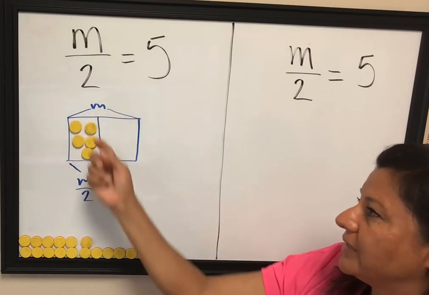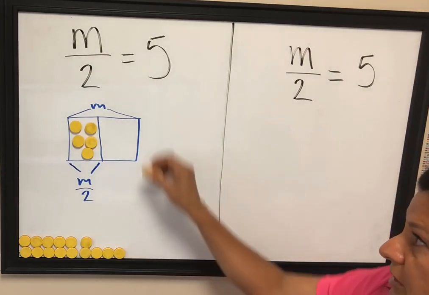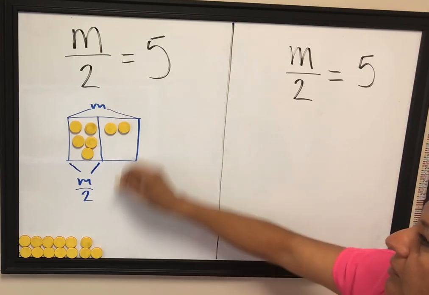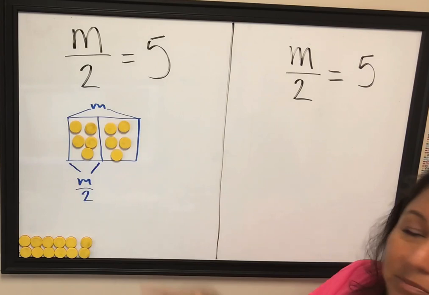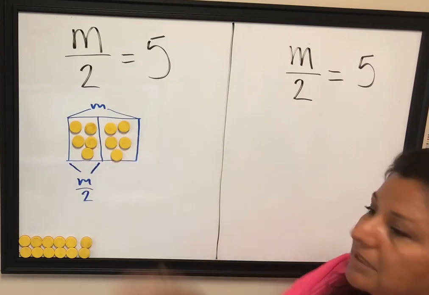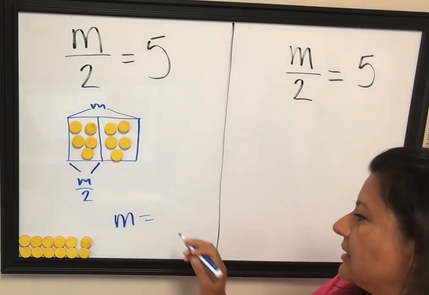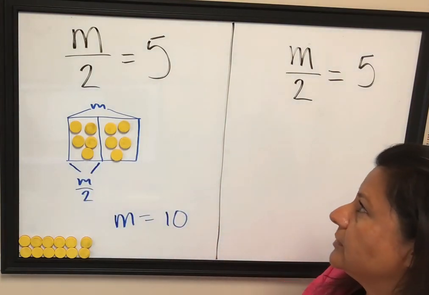Well, if half of it has 5 pieces, the other half needs to be just as big, have exactly the same amount. So this side would also have 5 pieces, right? Meaning the entire box would then have 10 pieces altogether. So we know that m, this box, has a total of positive 10 counters.